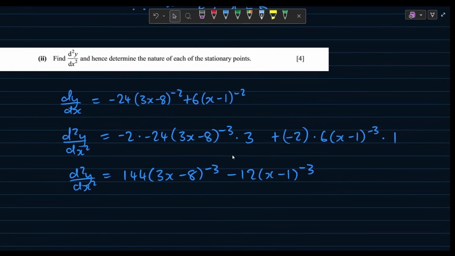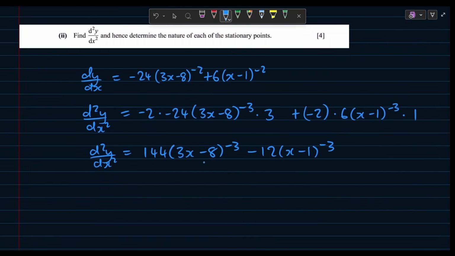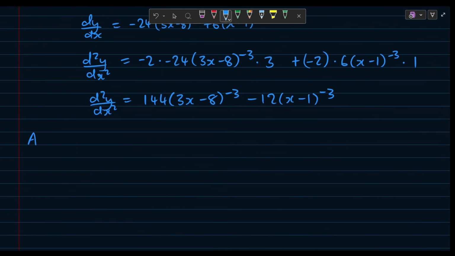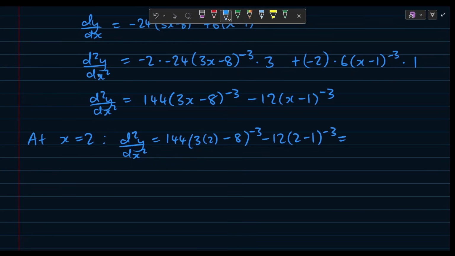And they say to determine the nature of each stationary point. Okay, so we know the x coordinates of each stationary point. So we'll start with x is 2. At x is equal to 2, my second derivative is going to be equal to 144 times (3 times 2 - 8) to the -3 minus 12 times (2 - 1) to the -3.